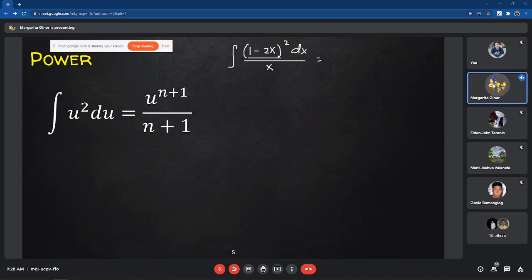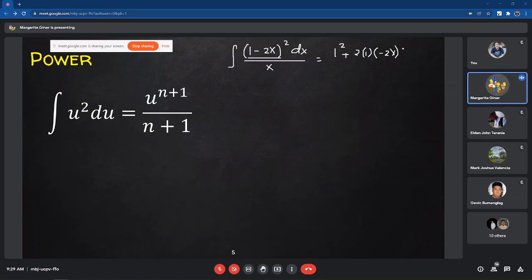Kaya this is the square of binomial. So, i-distribute natin, meaning to say, we're going to apply square of binomial. We're going to have 1 squared nato ng first term, which is 1 squared. Okay, so plus 2 times the first term, which is 1, times the second term, which is 2x.